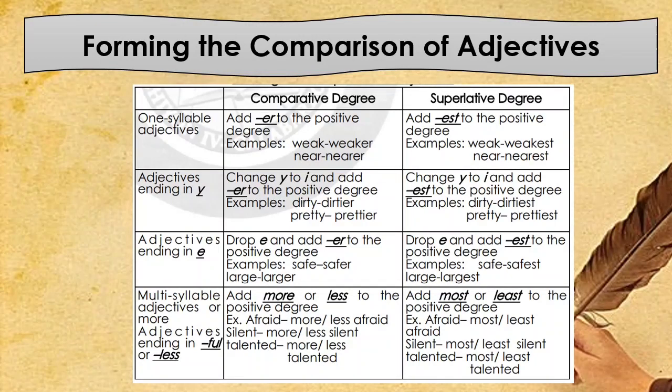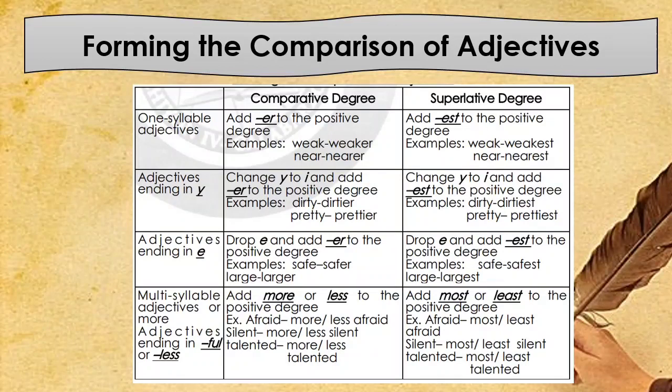Now in a superlative degree, change y to i and add the suffix est to the positive degree. Examples are dirty, it will become dirtiest. Pretty, it will become prettiest.